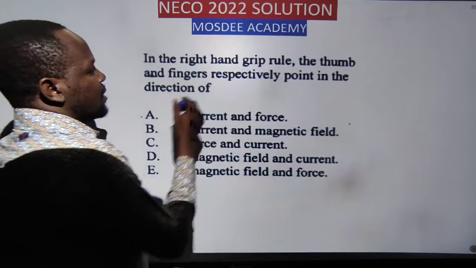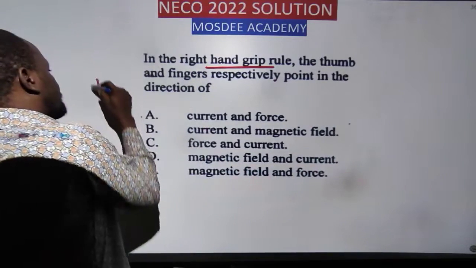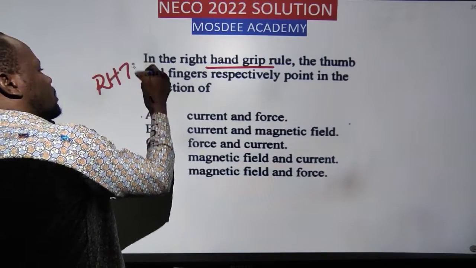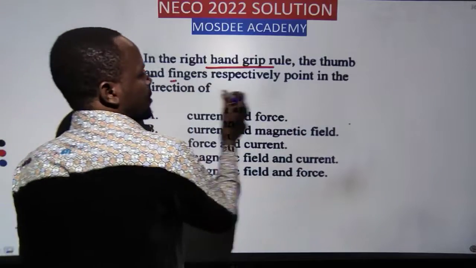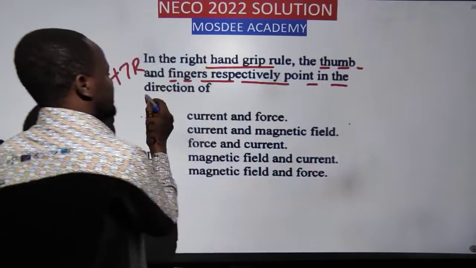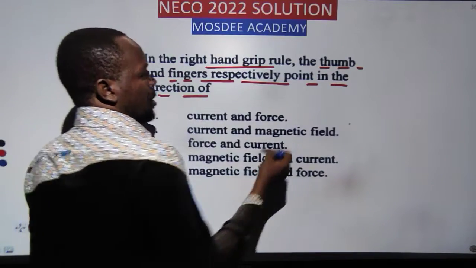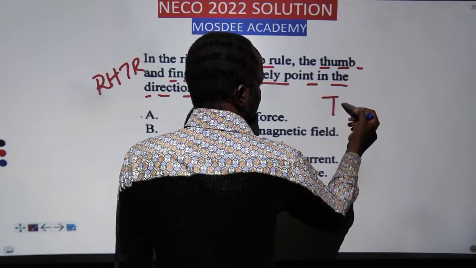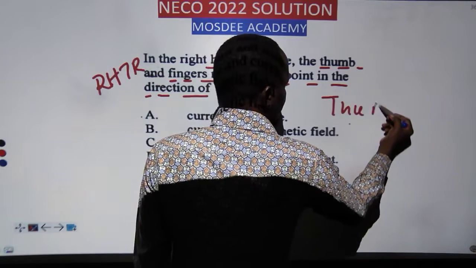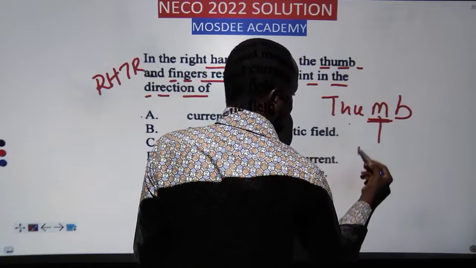In the right-hand thumb rule, which I always call RHTR in my concept video, the thumb and the finger respectively point in the direction of what? I gave you the shortcut. THUMB: M is motion.